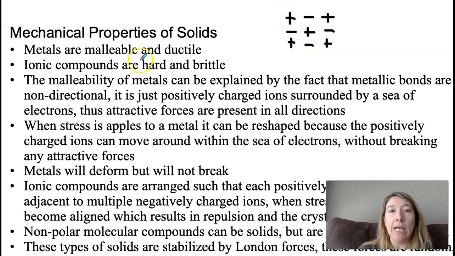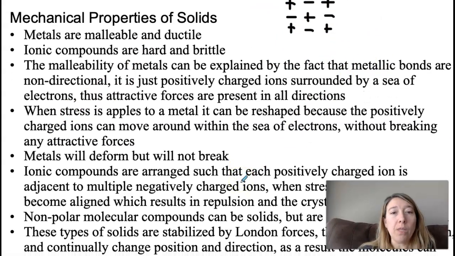And now all of a sudden it's just going to shatter because we can't have like charges next to like charges, right? And we find that the malleability of metals, we can explain that using the sea model that we talked about when we looked at the metallic bonds, right? Where we saw that the electrons were a sea moving around and all of those cations are kind of like the rocks. So we're able to reposition them because there isn't really a directional attraction like we have inside of an ionic compound.